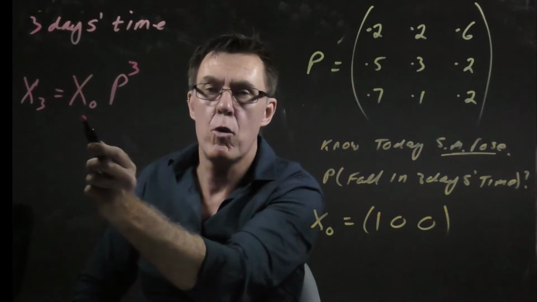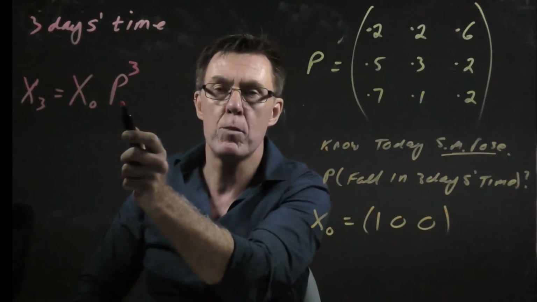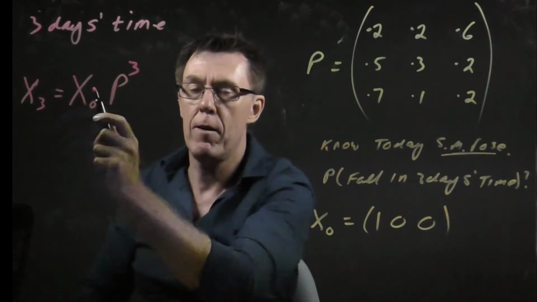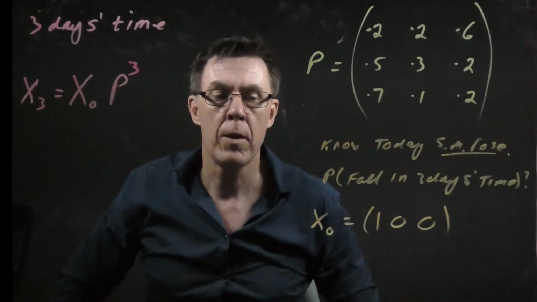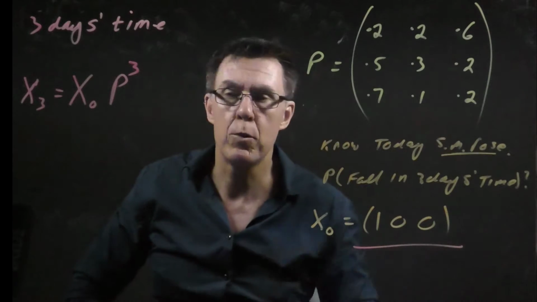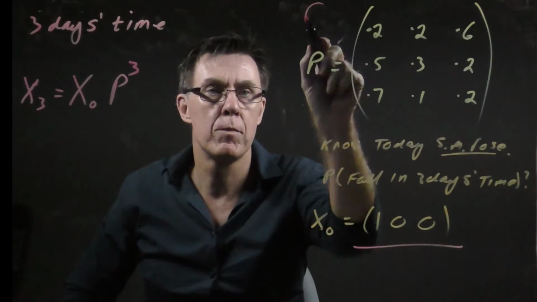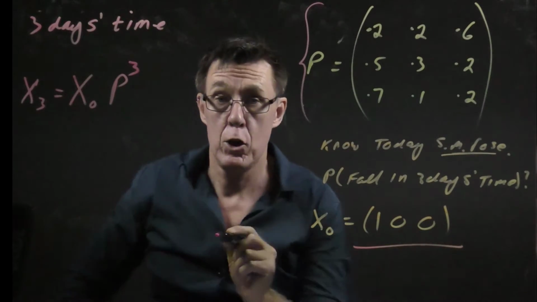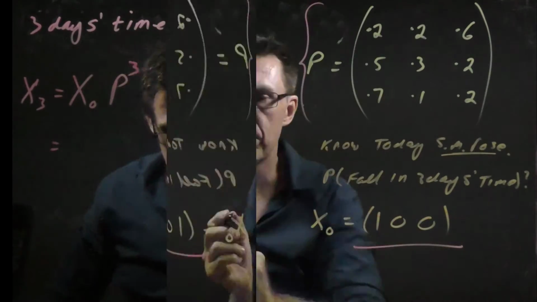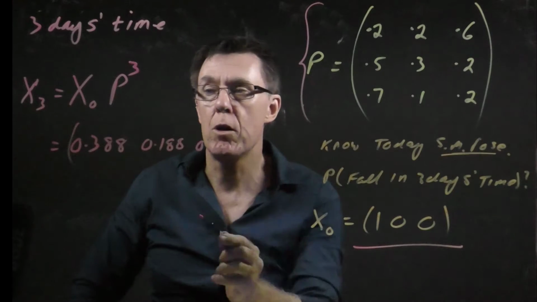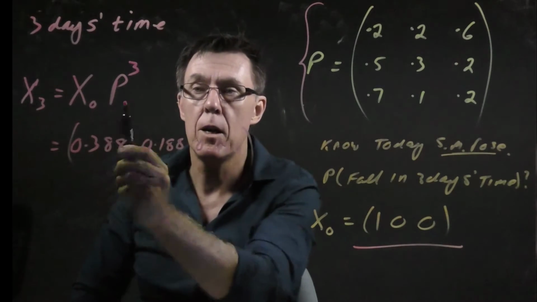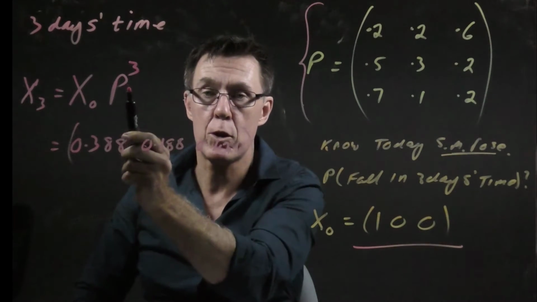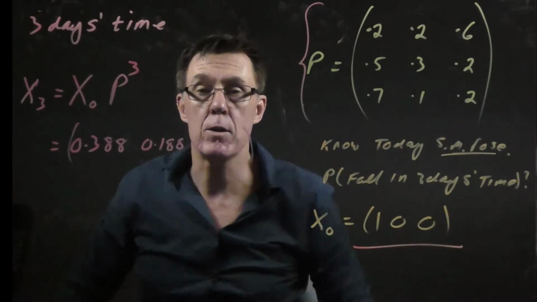We take what's happening right now, multiply it by the transition matrix cubed, and we'll have what's happening in 3 days' time. So if you were to put this into your calculator and multiply them together, you'd get this result. This would be the result of taking what's happening today times our transition matrix cubed to give us what's happening in 3 days' time.